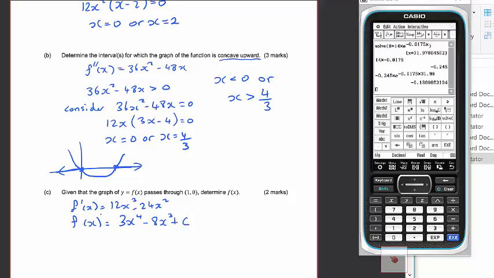Sorry, that one's f, not f dash. And it goes through 1, 0. So when x is 1, 0 is going to be 3 take away 8 plus c. 0 is negative 5 plus c. c equals 5. So f of x is going to be 3x to the 4 minus 8x cubed plus 5.